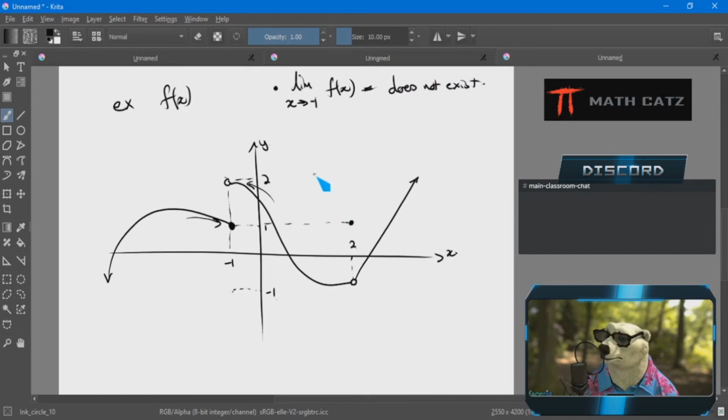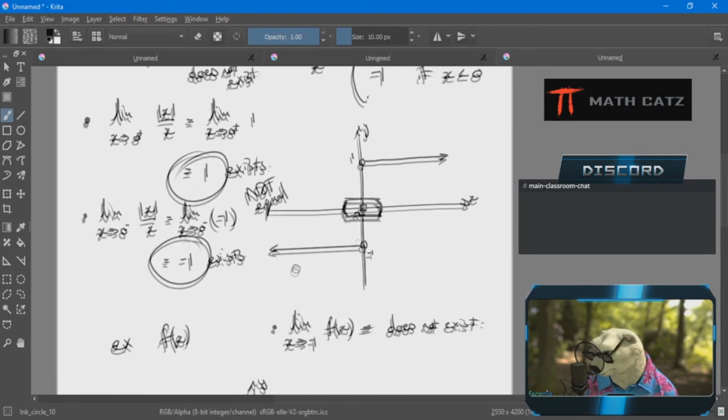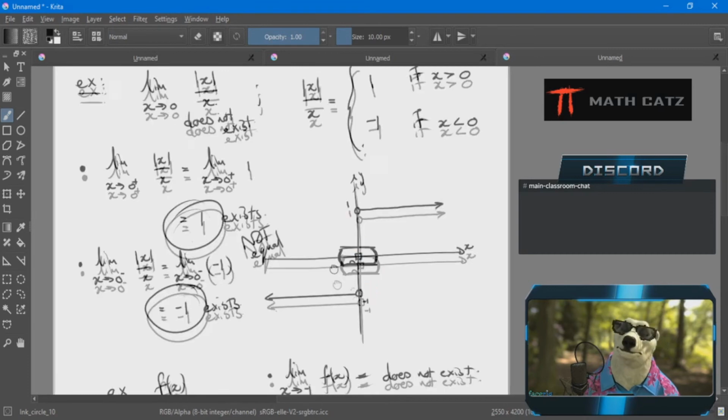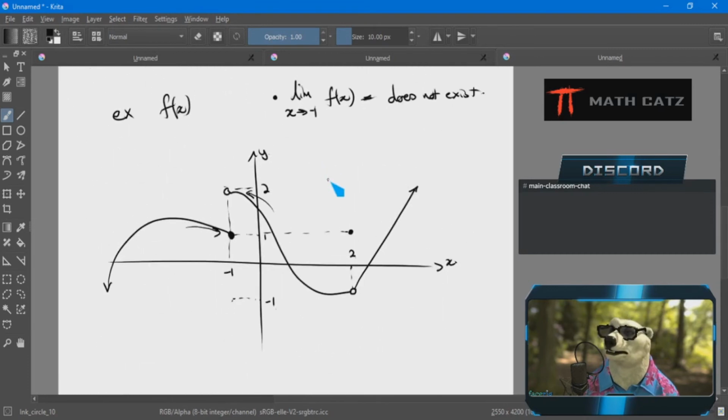For the same reason as this function, I can't hone in on a y value, regardless of how small my x window is. The one-sided limits do not agree. Doesn't exist.